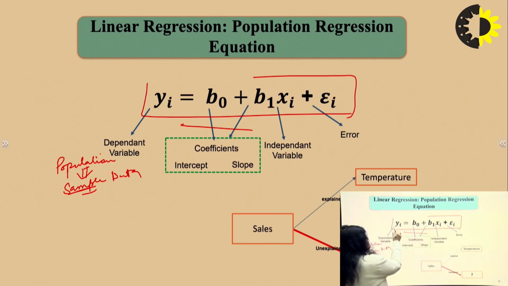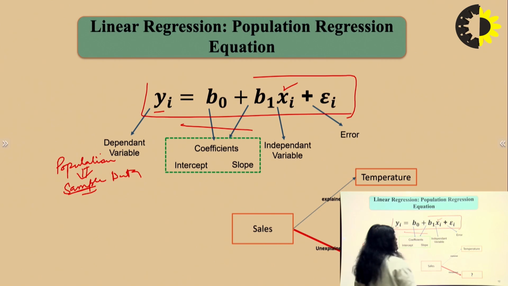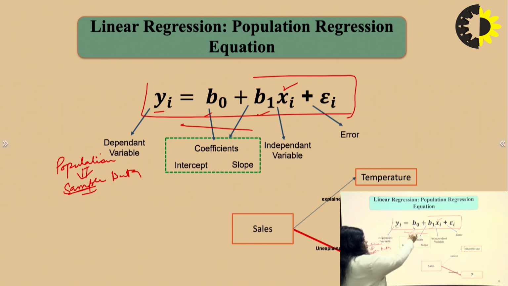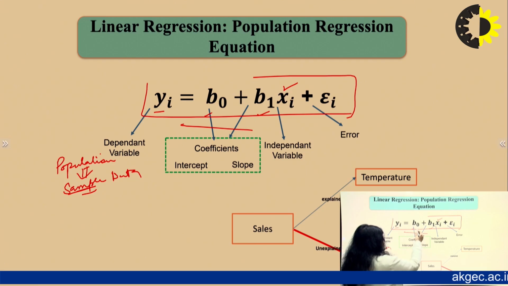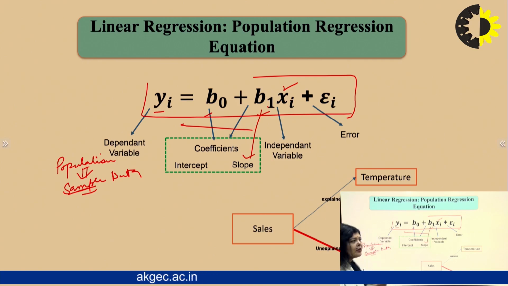Here, yi is my dependent variable. xi is the independent variable, and we have the coefficients b0 and b1, right? These are the same coefficients that we have already discussed. For example, b0 shows the intercept, and b1 is related to the slope of the linear model that we are going to fit over the data, right?